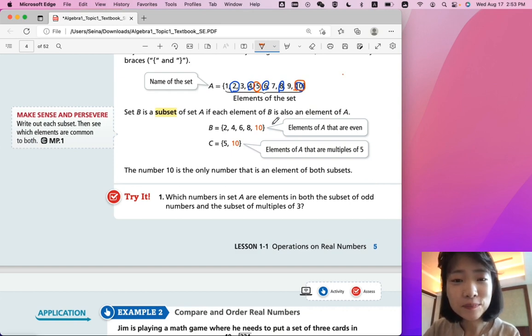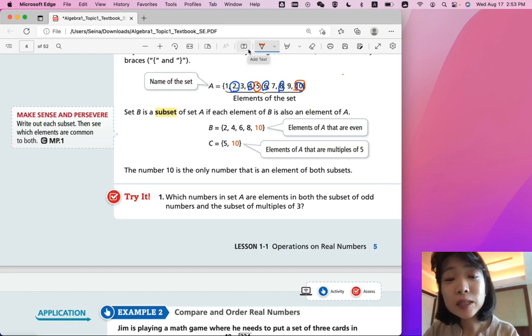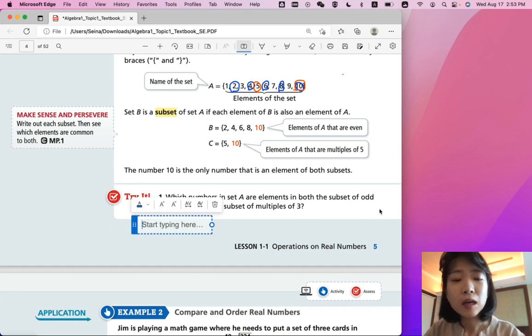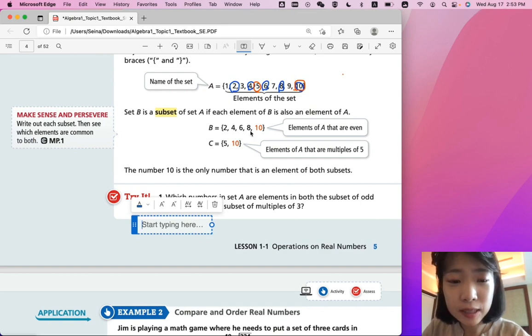Okay, are you ready? So how can you write a subset of B and C with different elements? Or if B and C are confusing you because we already used them on top, we can do D and E.